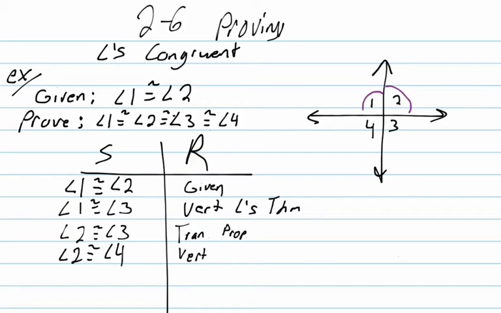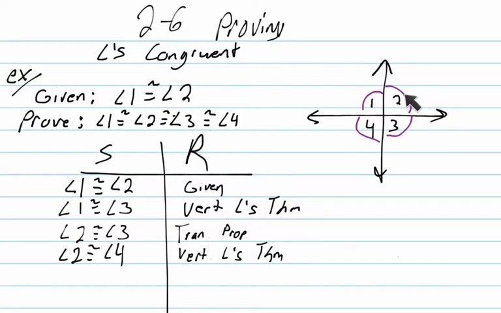Okay, now let's back up and the other vertical angle, right? Angle 2 and angle 4, they're vertical. So we can say that. So we have all these congruent now. We have 1 to 2, that was given. 1 to 3, that's vertical. Do we have 1 to 4 yet? Not yet.